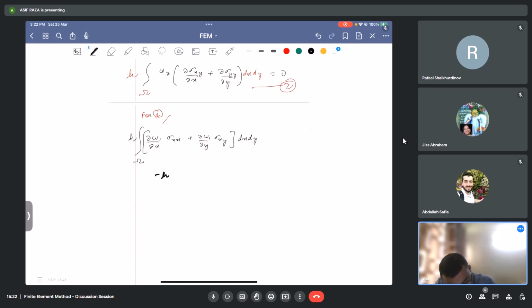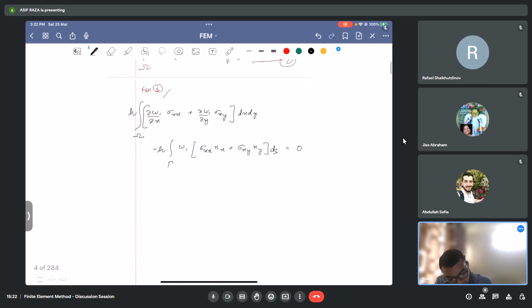minus h, the boundary terms. Then the blue one will be sigma xx nx plus sigma xy ny, ds equal to 0.